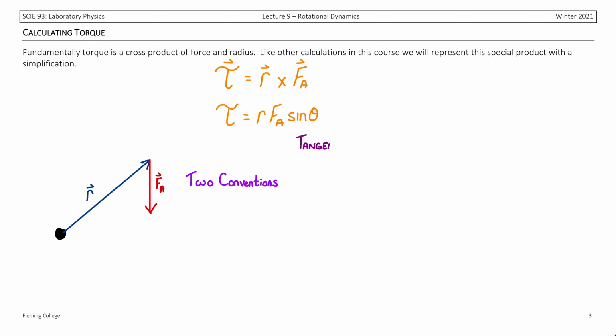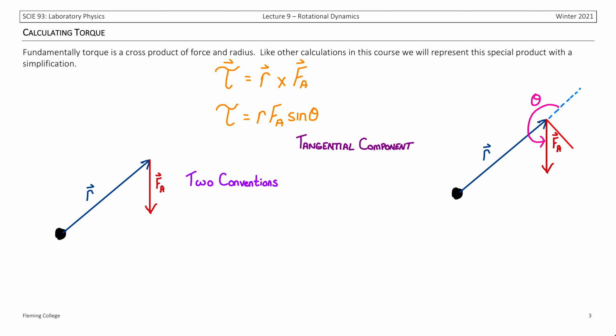The first convention is the tangential component convention. For this convention, you measure theta very similarly to the way we've measured theta all the way along, except this time you start from the extended radius vector and measure counterclockwise all the way back to the force applied.